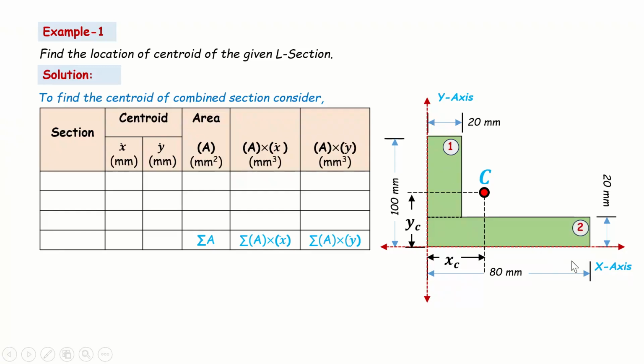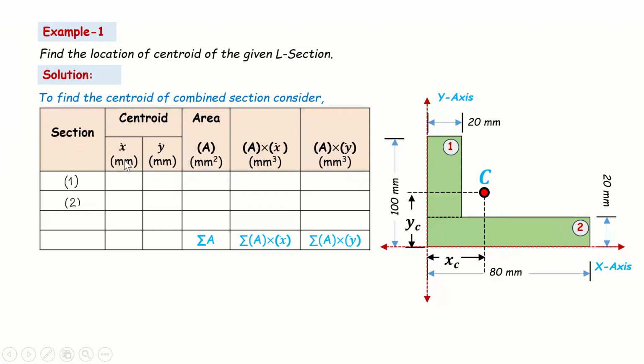So I have section 1 and section 2, friends. There are two sections: the vertical rectangle is one section and the horizontal rectangle is another section.